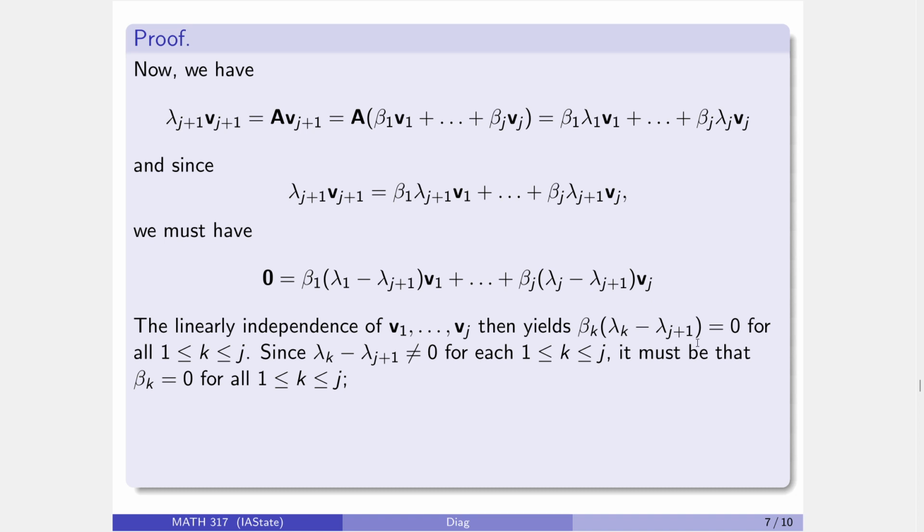The eigenvalues are different from each other. So lambda j plus 1 is not equal to lambda 1, lambda 2, all the way up to lambda j. So this product is equal to 0, and I know part of it is always non-zero, so it's got to be that all the betas are 0. But since all the betas are 0, that means v sub j plus 1 must equal 0, going against our hypothesis that what I had were non-zero eigenvectors.